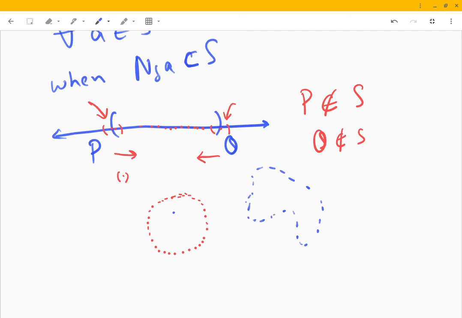So any point lying within this boundary, no matter how close to the boundary, its entire neighborhood will be contained in the set. It will not go outside the set. This means that every point belonging to this set is an interior point, and that is when this set will be called an open set. Right?